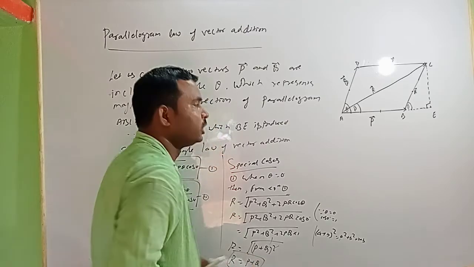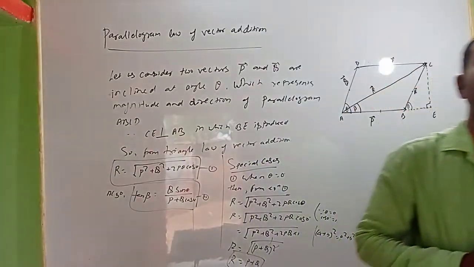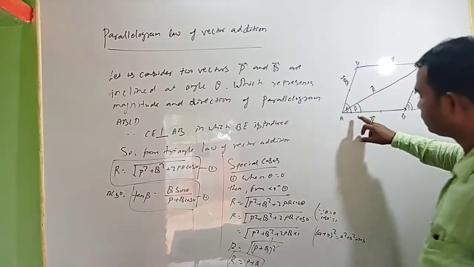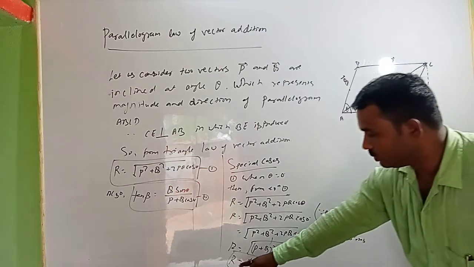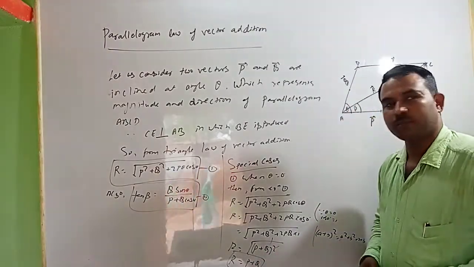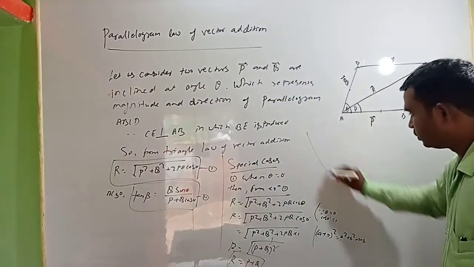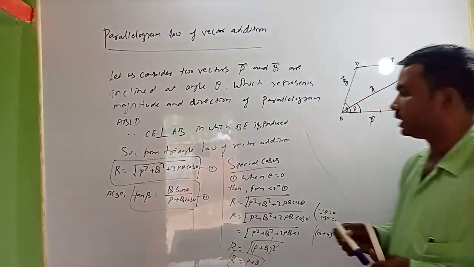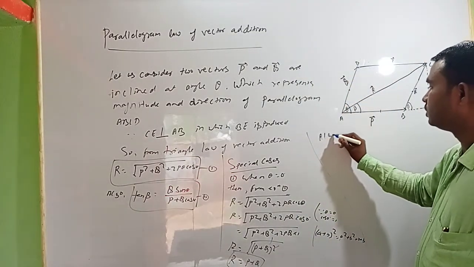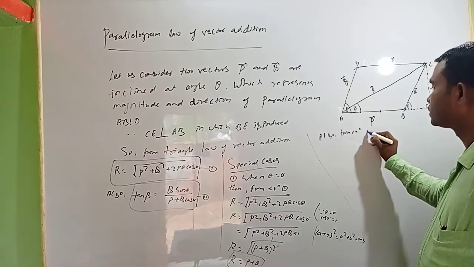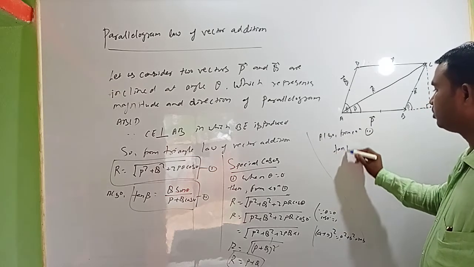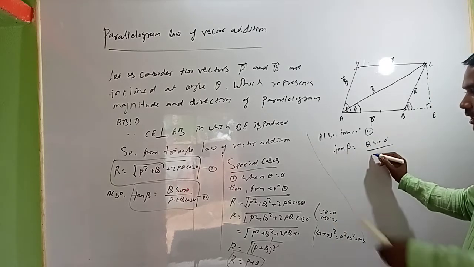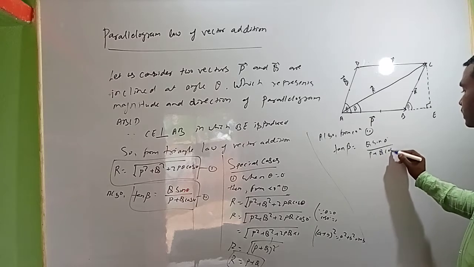This is the formula. It means when the two vectors, vector P and vector Q, are inclined at an angle of 0 degree, you get the resultant R equal to P plus Q. But second, you have one more formula, tan beta. From equation 2, tan beta is equal to Q sin 0 degree divided by P plus Q cos 0 degree.